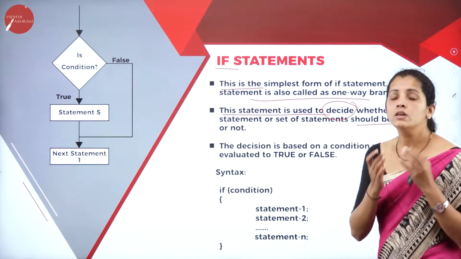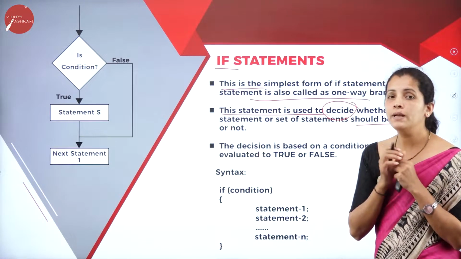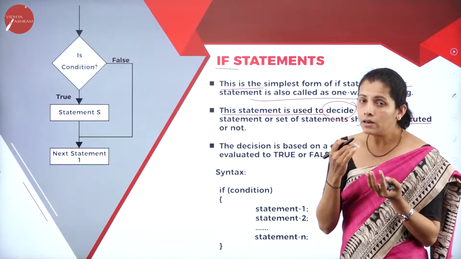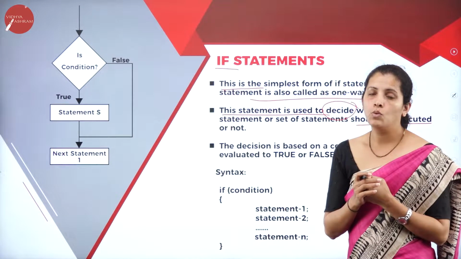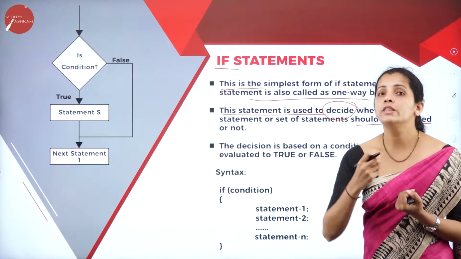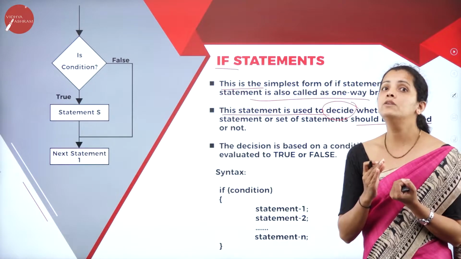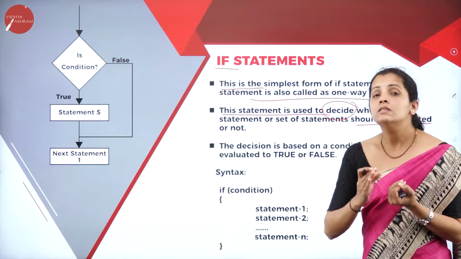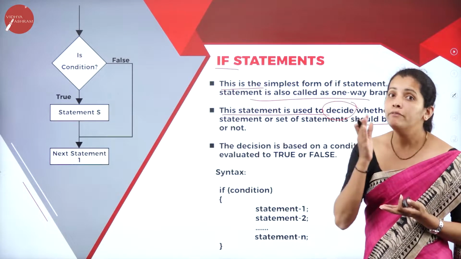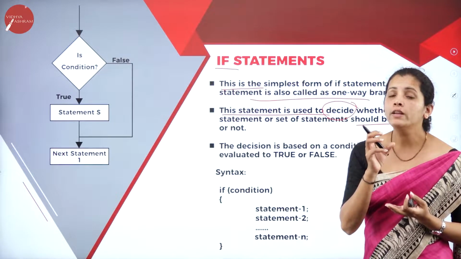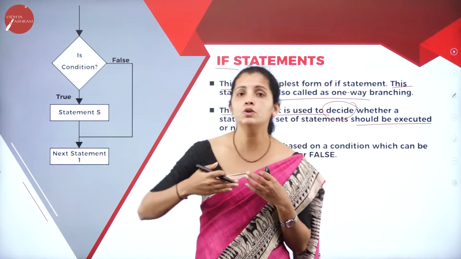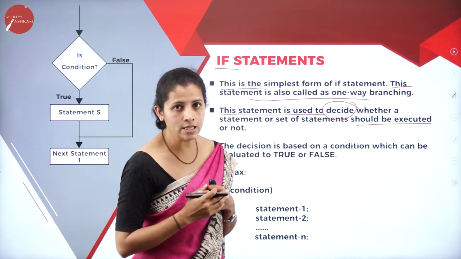So let me take one simple example. Think I'm a student. I want to join the college. So what I will do? I'm going to start searching the college. So here I'm willing to join science. I'm going to join science specialization.